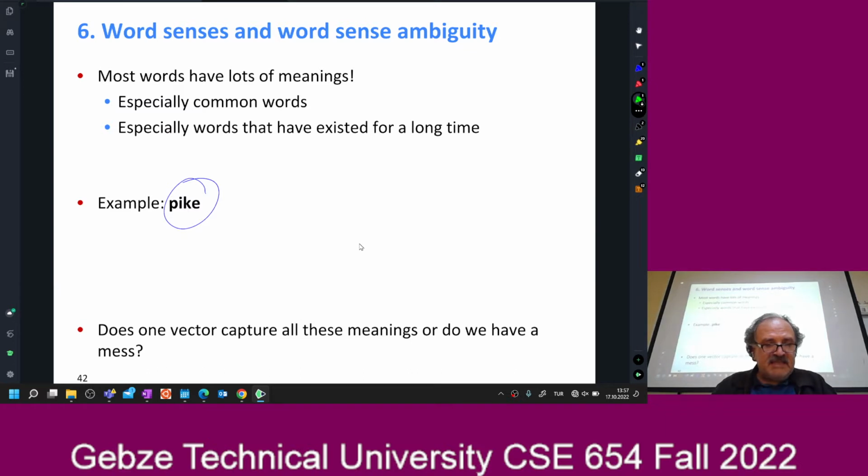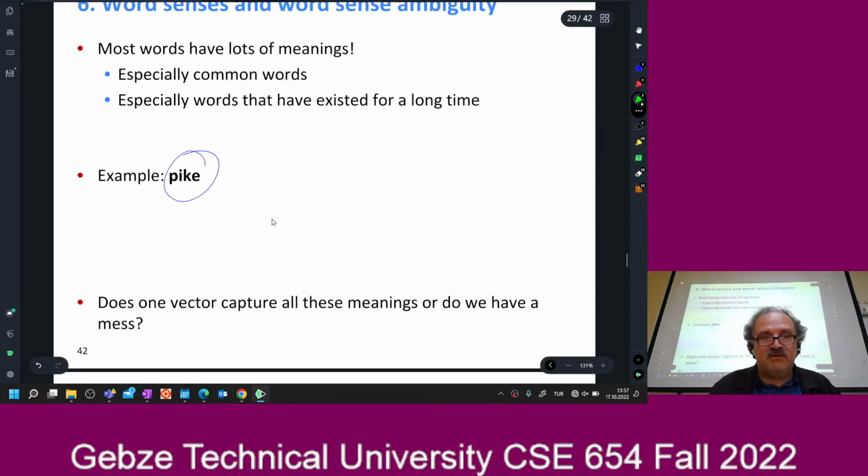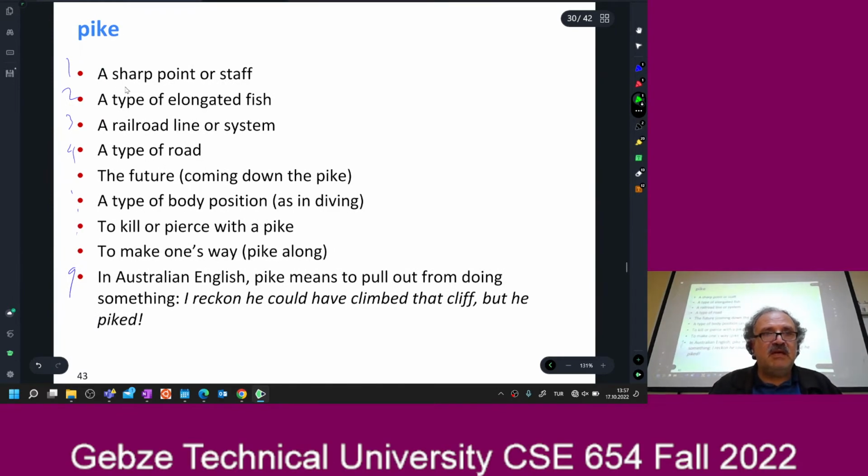That pike has many meanings in English, maybe more than 20 different meanings. If you look up this word in the Webster Dictionary of English, it's going to give you 20 different meanings. These are some of the meanings: a sharp point or staff, a type of elongated fish, a railroad line or system, a type of road, the future.